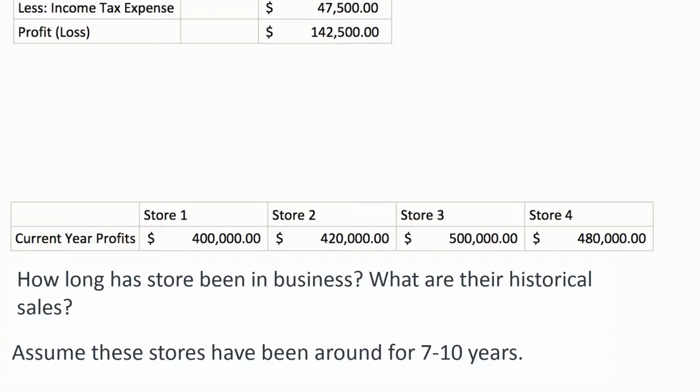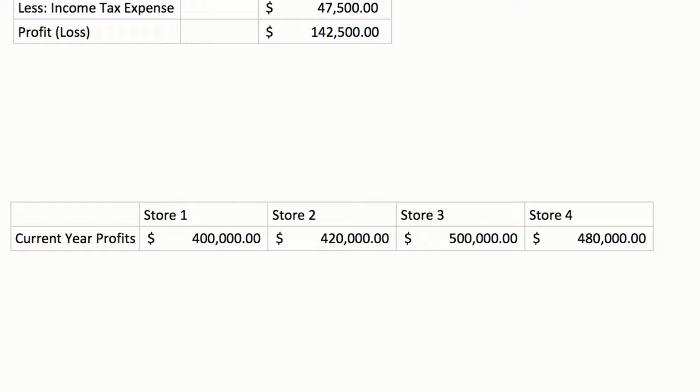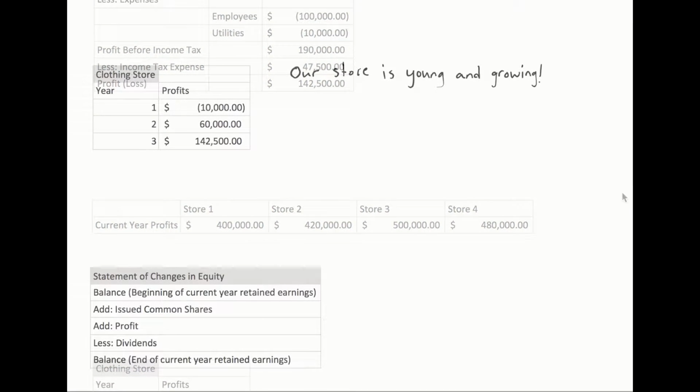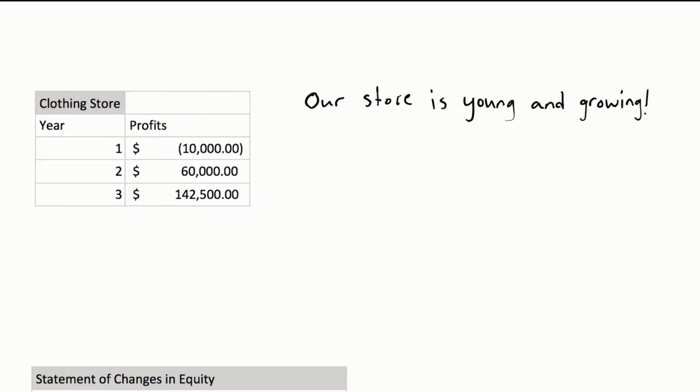Now, let's assume that the clothing store of interest that we want to invest in has only been around for 3 years. In the first year, they lost $10,000. In the second year, they made $60,000. And in the third year, they made $142,500. Now we have a bit of an explanation for why the store that we are looking to invest in hasn't made as much money as the other stores.